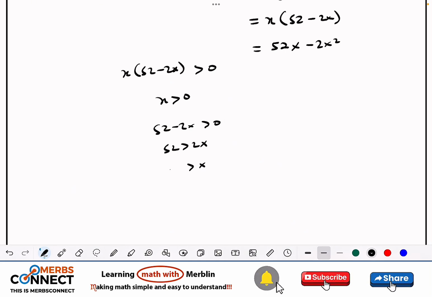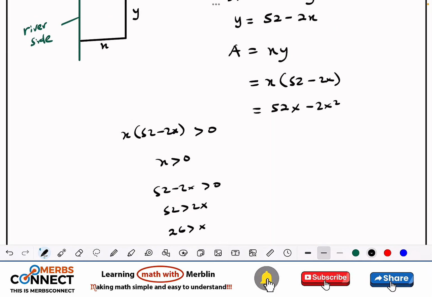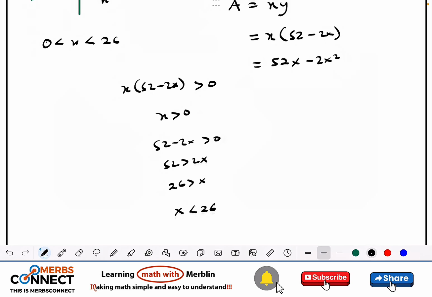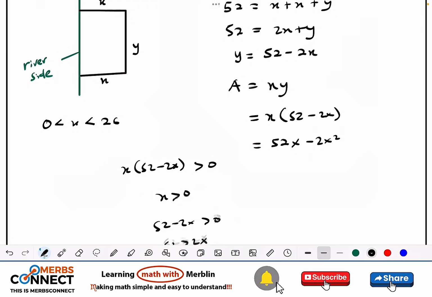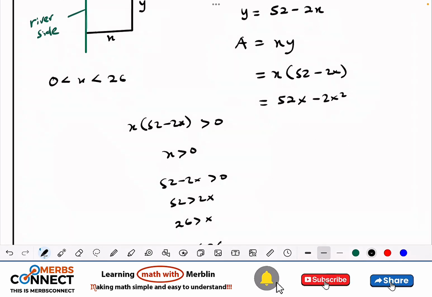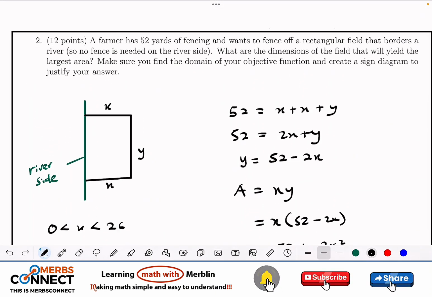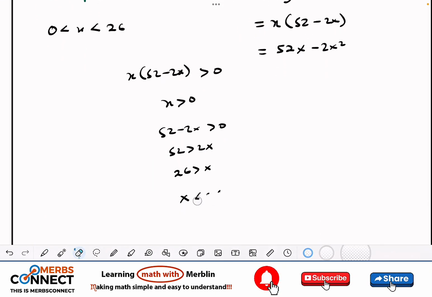And when I divide 52 by 2, I'm going to have, I think, 26. Is that right? Yes. So it means that x is less than 26. So the domain here that we are going to work with, 0 less than x less than 26. So here, when we are working, we need to make sure that we are within our domain, right? So that will be the domain there.